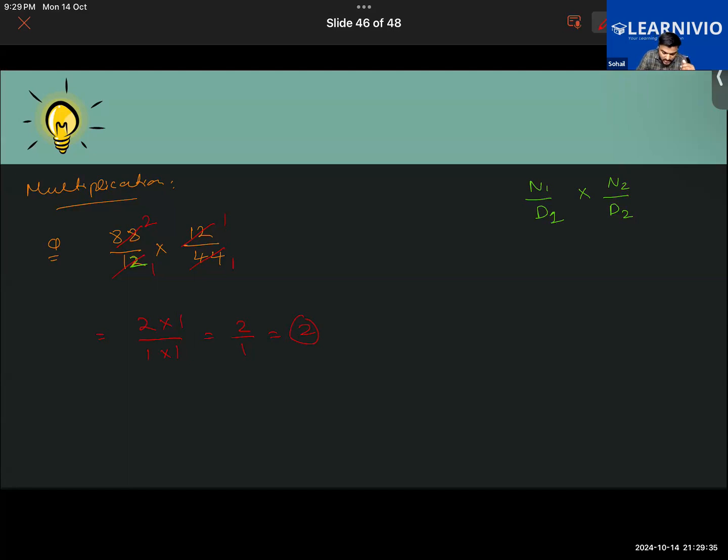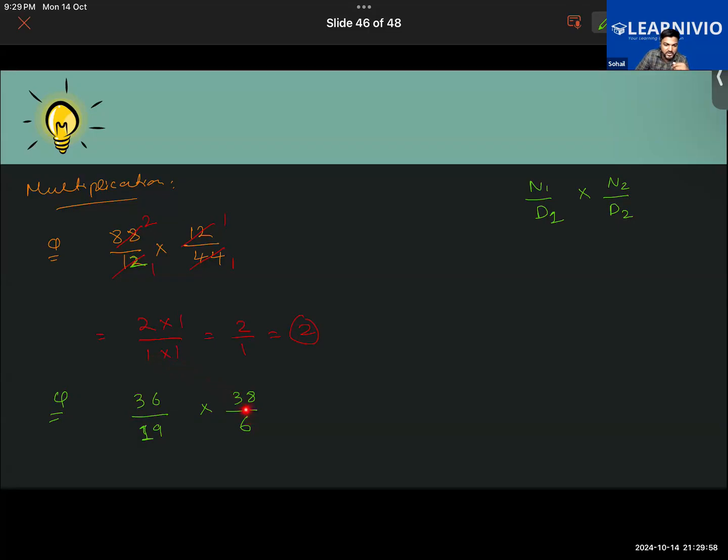Okay, good. I'm going to give a question on a similar pattern. It is 36 upon 19 multiplied with 38 upon 6. Here the numerator of the first fraction will be getting cancelled out by the denominator of the second fraction.